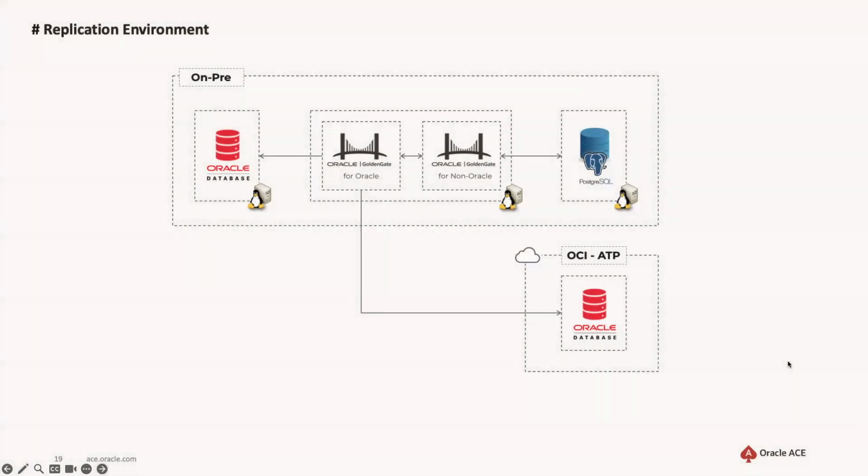And this is the environment that we're going to work with. Just let me see how much time I have. Okay, I have some more minutes. The environment that I prepared to show this step is this one.